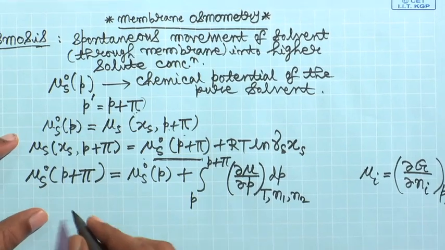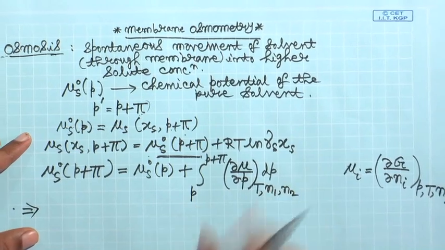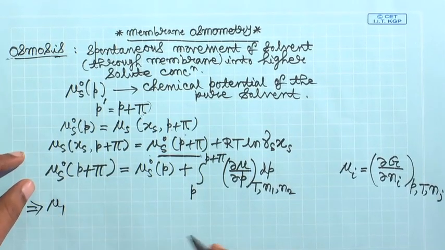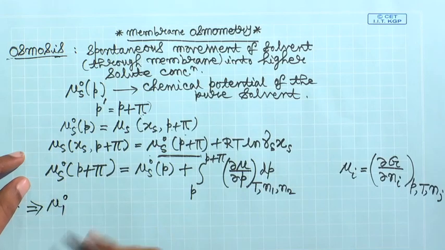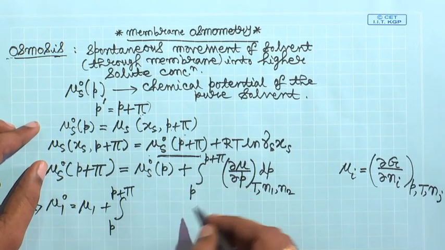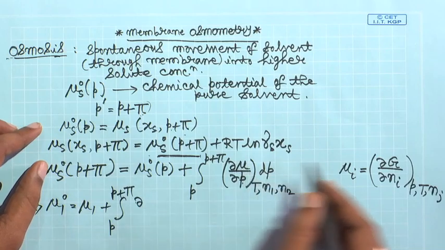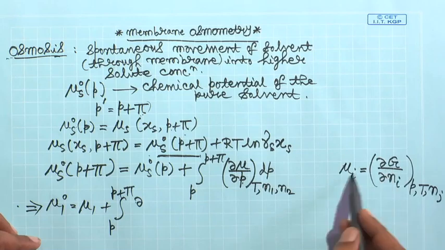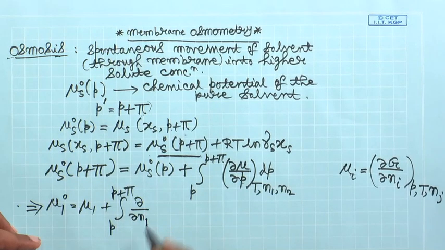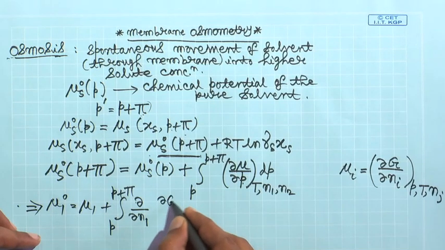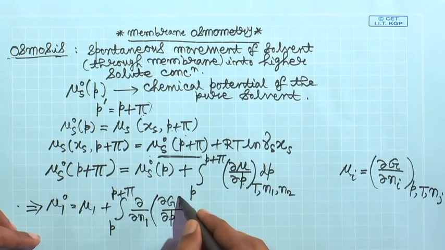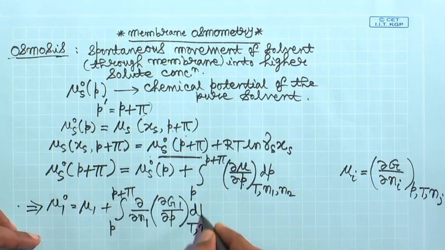So mu is del G del N. Writing this expression, mu 1 0, let us say I am just simplifying this as mu 1, equals mu 1 plus the integral from P to P plus pi of del mu del P. That mu is related to G this way, so you can write it as del del n 1, in this case the species is 1, let us say this is the solvent species, del G del P, with T and N2 constant, dP.